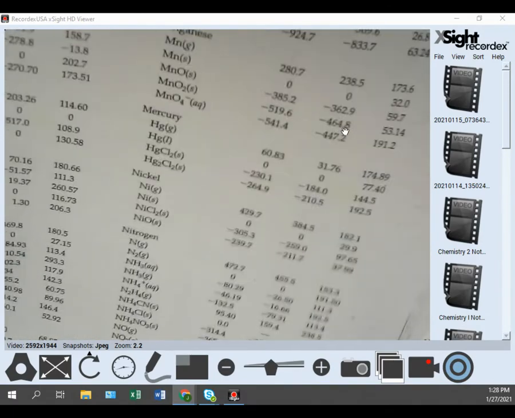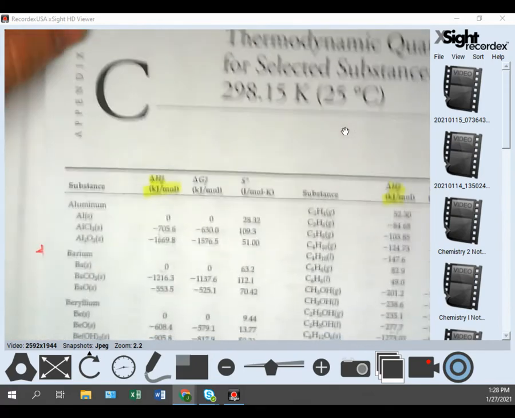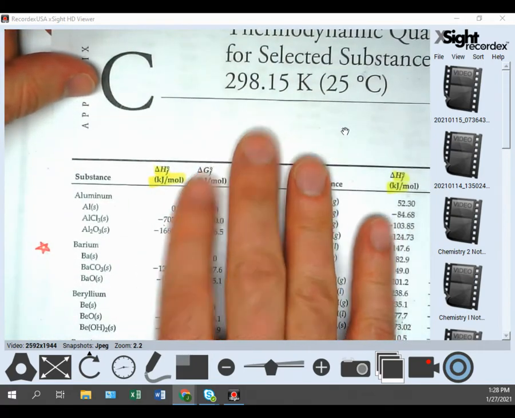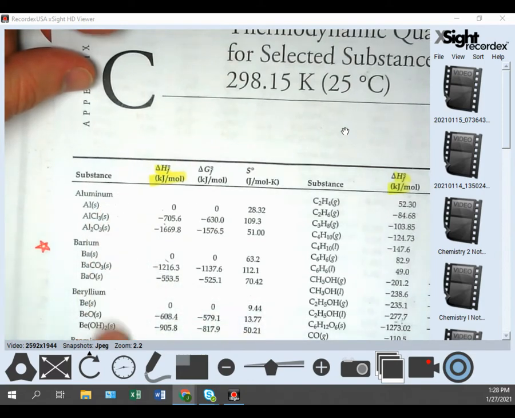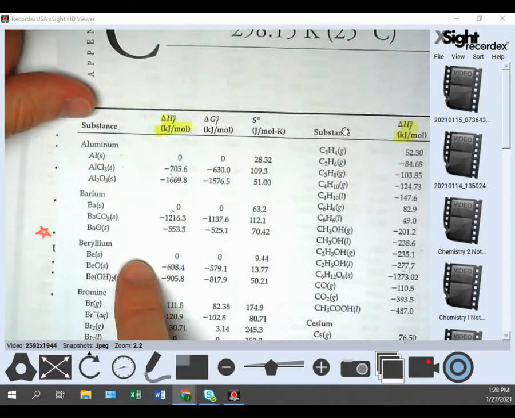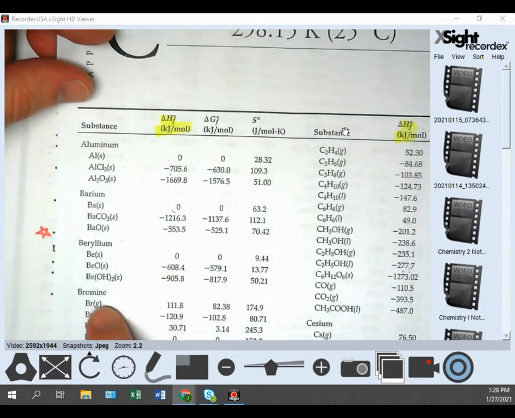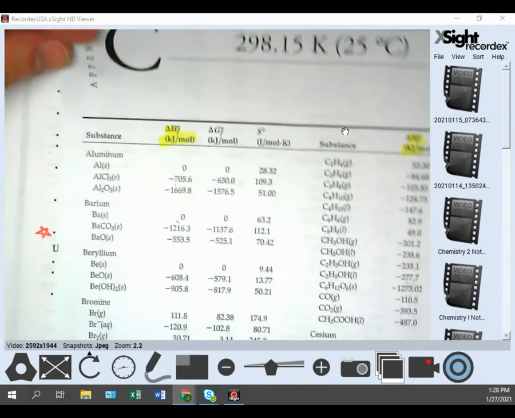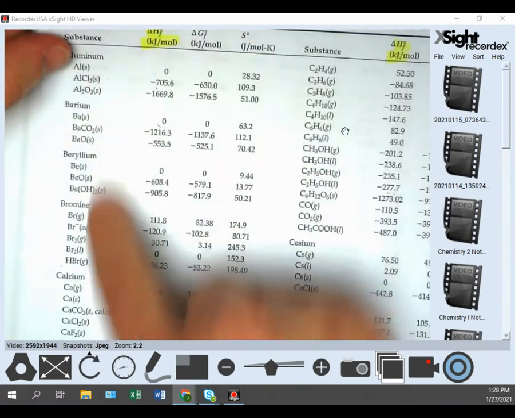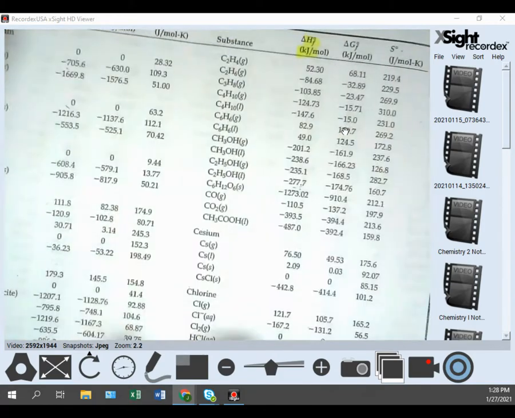And then other stuff that you're probably familiar with as well. First of all, I should mention this. If you notice, these are in alphabetical order by the element name. That's how you look to find stuff on here. And there's two columns.